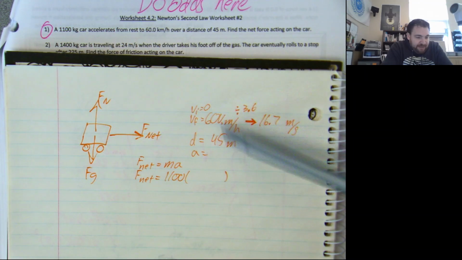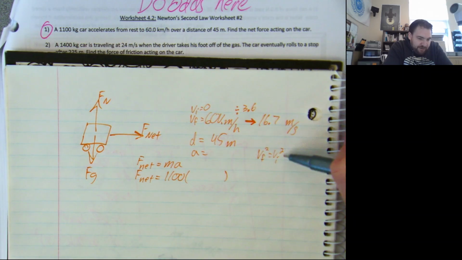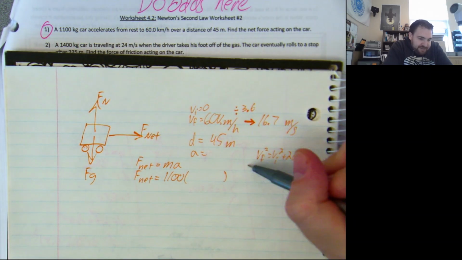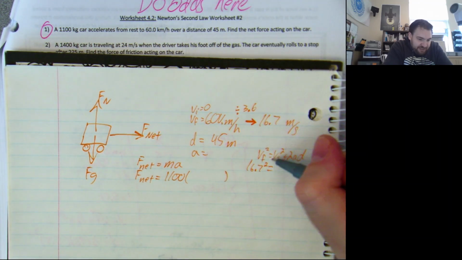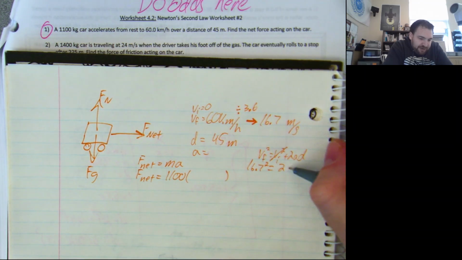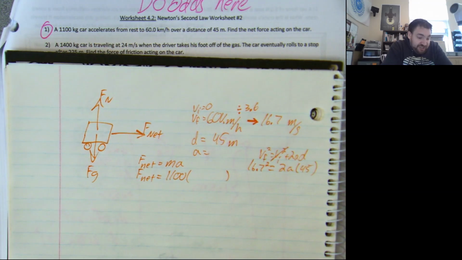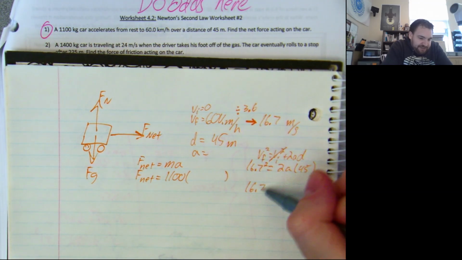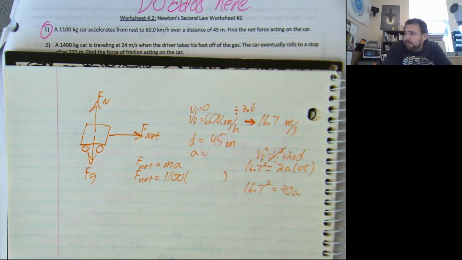And now we can use kinematics to solve this. We're going to use VF squared equals VI squared plus 2AD. 16.7 squared equals, VI is 0, so that's gone, 2 times A times 45 meters. So 2 times 45, that's just 90. So 16.7 squared is going to equal 90A.